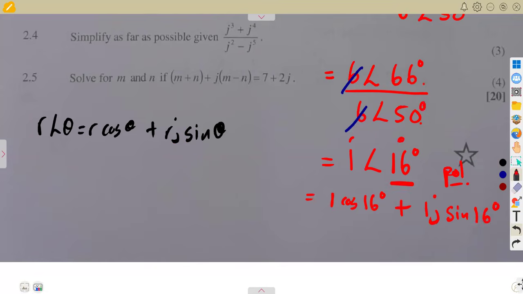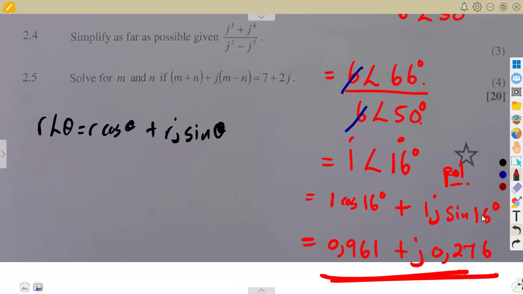The angle is affected with cos, but on the sine, you use a J. You can even leave it like this, or you can have it as a decimal. 1 times cos 16 is 0.961 plus J sine 16, which is 0.276.